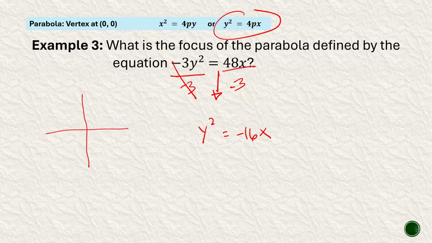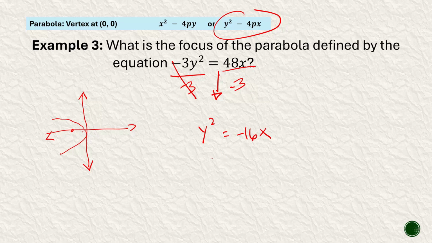Again, two things we need to remember. Number one, the term with the square is the y, and then on the right side it's negative, so most probably the parabola opens this way, and that's going to give you the idea that the x coordinate is negative, and the y coordinate is 0.